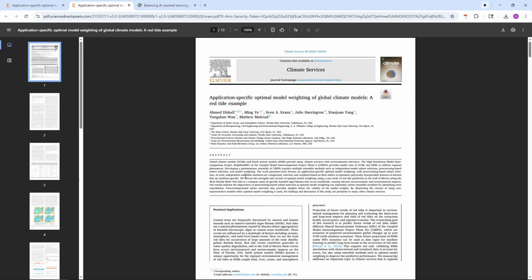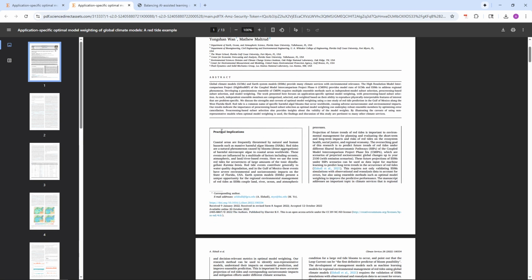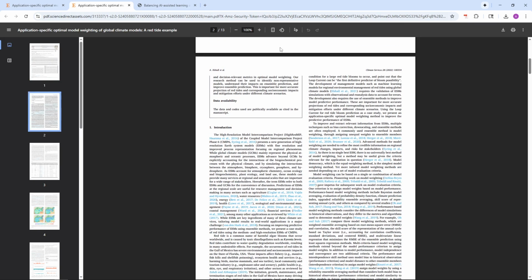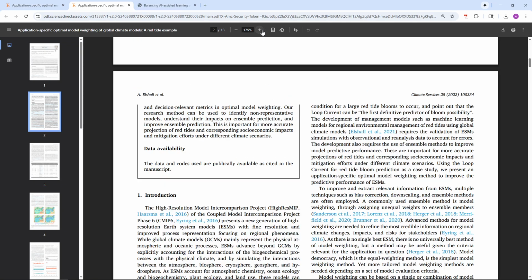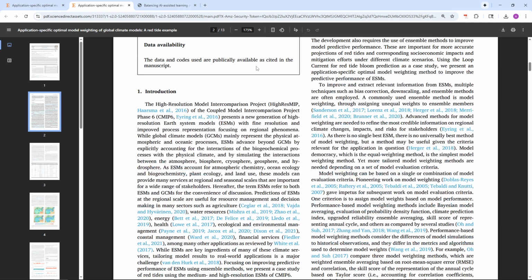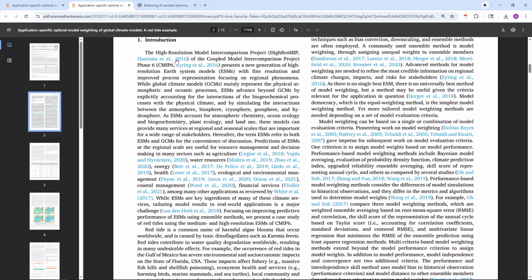You see here, this is the abstract. This is a practical implication of this paper. But here, this is the introduction. If you look here, guess what this first paragraph is about. It's about the improvement of spatial resolution and the new processes that have been added to the new generation of Earth system models.